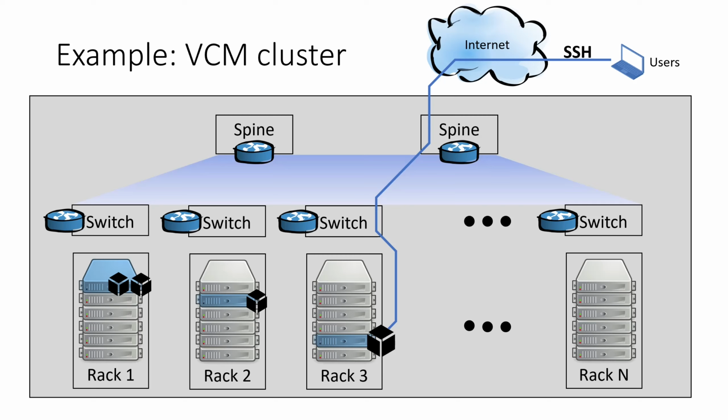So the only thing we can use to access the virtual machines is SSH. And if we want to access a website on the virtual machines, then we need to tunnel through SSH. So SSH is the only external application that we have running on the virtual machines. And this makes it very easy to make the virtual machines secure.